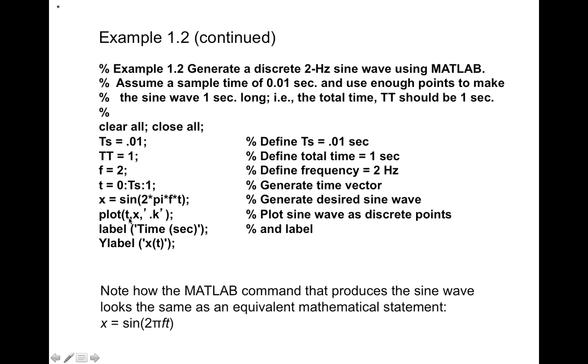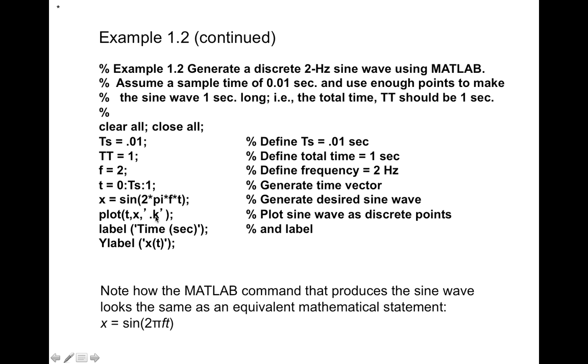And then notice here we're going to plot t comma x. In this case, x is the vertical variable and t is the horizontal variable. You enter the horizontal variable first and then the vertical variable.